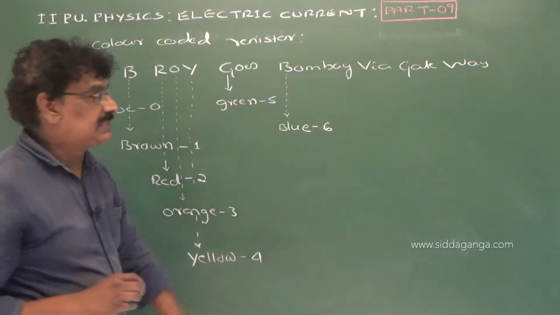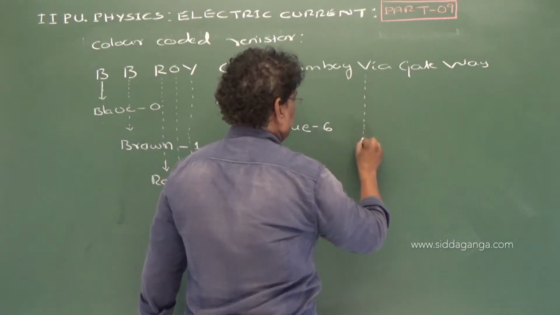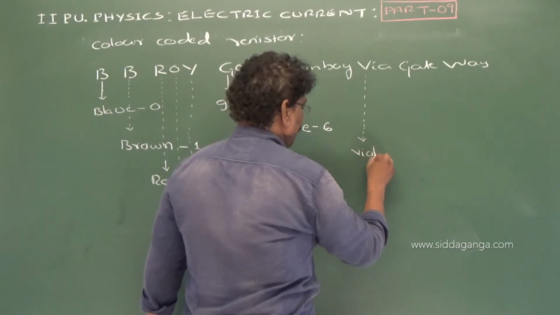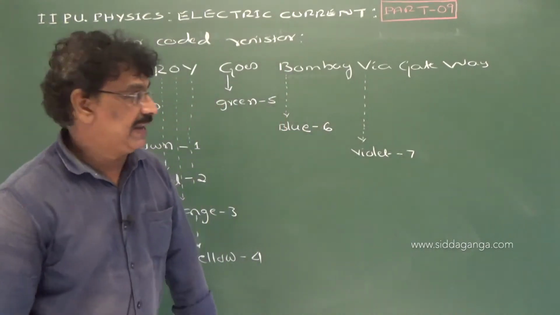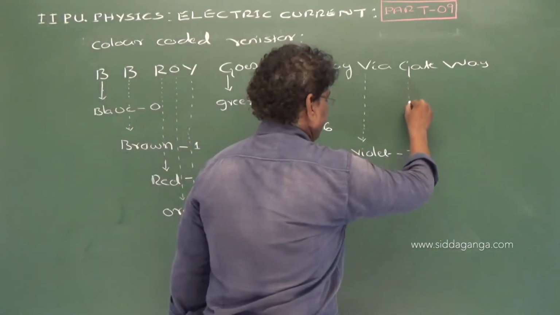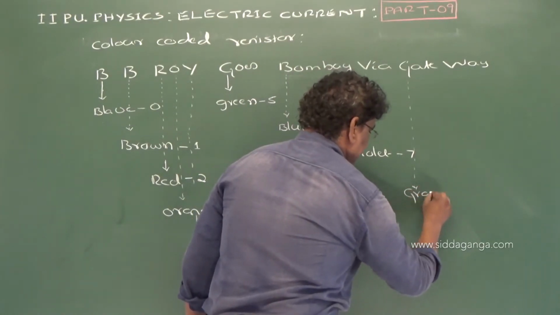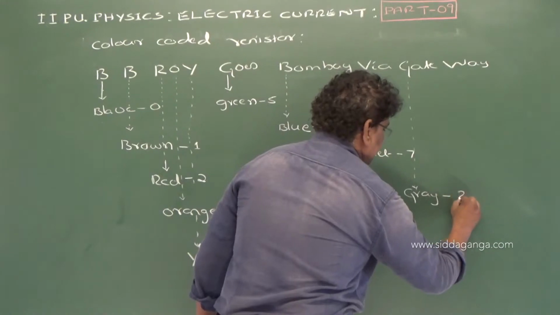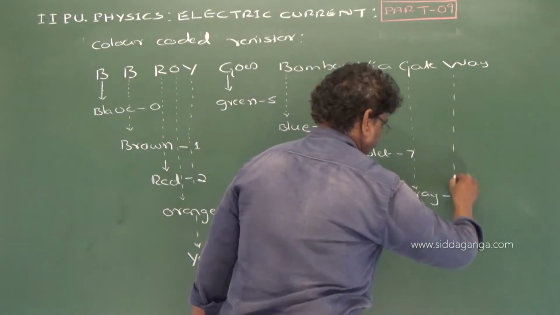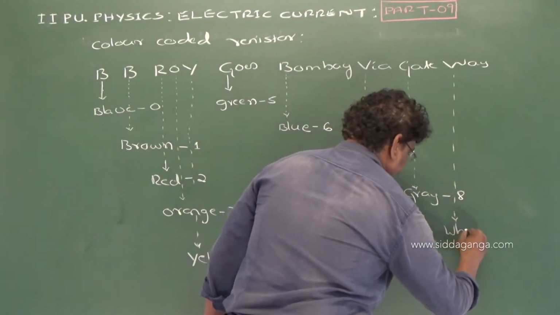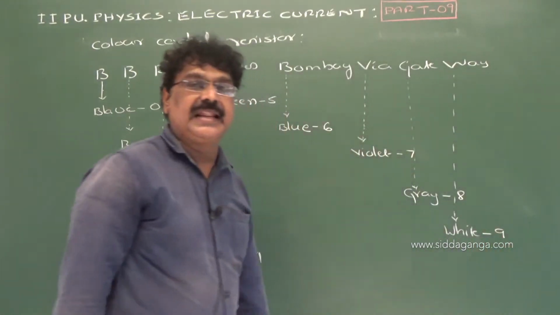Here blue represents number 6. This is violet, it represents the digit 7, gray represents the digit 8, and white represents the digit 9.